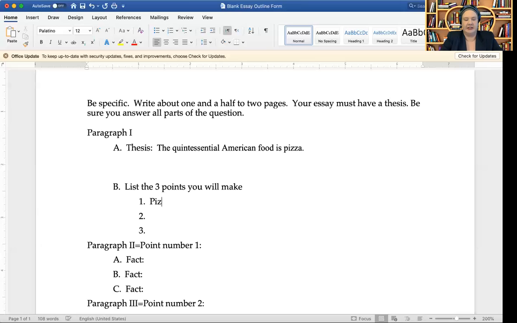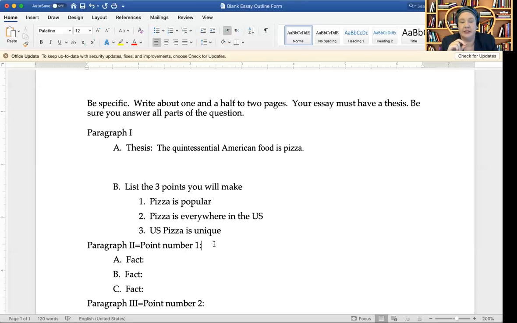So pizza is popular. Pizza is everywhere in the US. And US pizza is unique. So point number 1 is going to be the topic of paragraph 2. Your first paragraph is just going to be your thesis and your 3 main points.